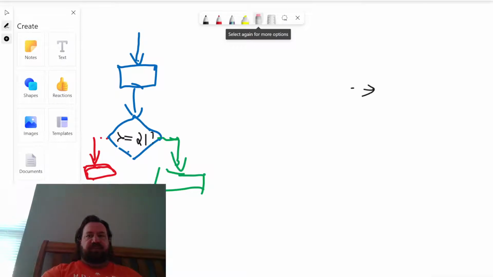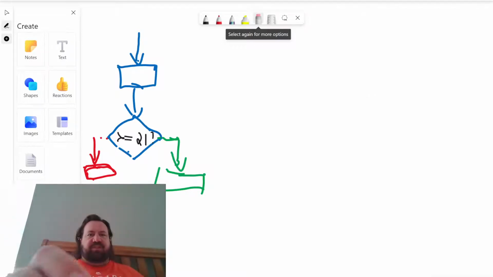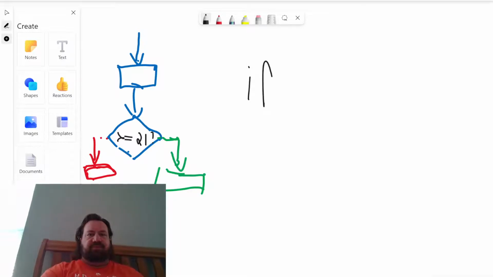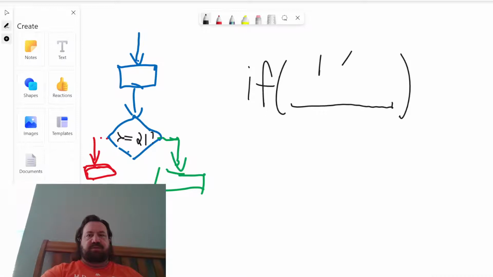In C++, we represent that in code by saying if, and in parentheses, we put some sort of condition that's going to evaluate to either 1 or 0. Okay, true or false.